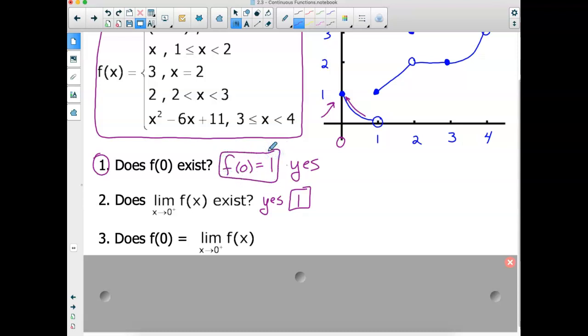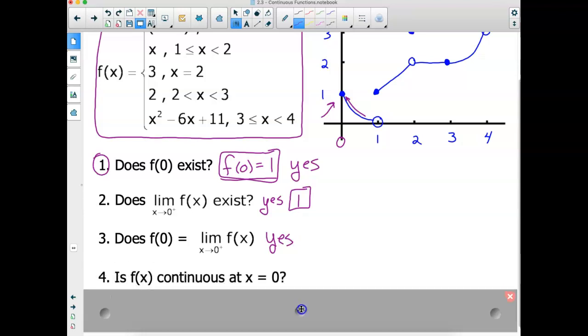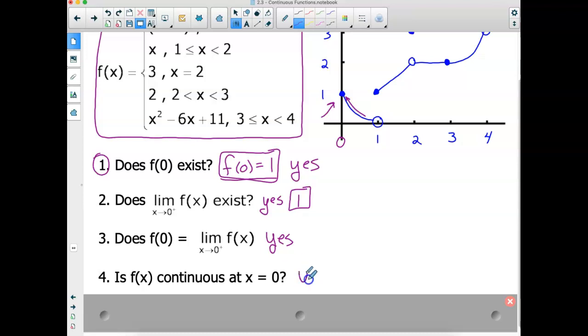And does f of 0, the functional value here, equal the limit as I approach from the right? Yes, it does. So what does that mean? That means f of x is continuous at 0. Is f of x continuous at 0? Yes.